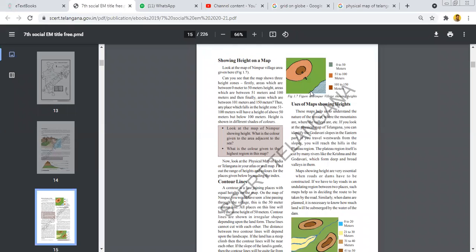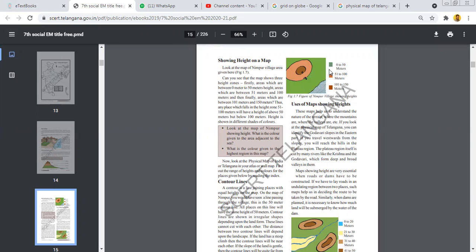Already we have taken 3 levels of heights. One is 0 to 50. The Nimpur village is located within this 50 meters height, another one is the temple, and another one is the peak of the mountain. Clear? So three heights are taken.